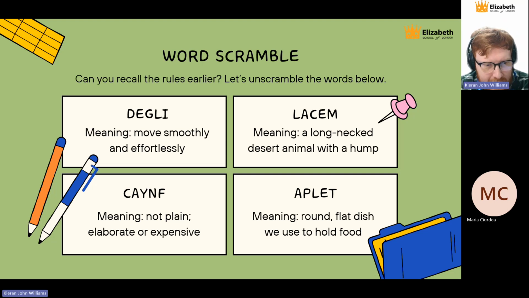C, A, Y, N, F. It means not plain, elaborate, or expensive. Okay, maybe I just remove that part so it makes more sense. So it means something is elaborate or something is expensive.